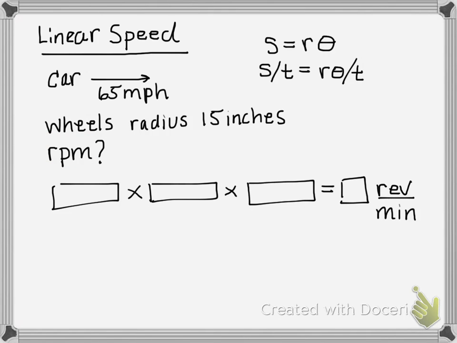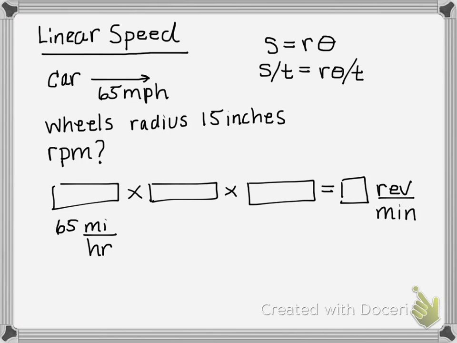So what's going to get me there is these calculations, and I'm really interested in the units of the calculations. For instance, I have 65 miles per hour. All right, now look at that.